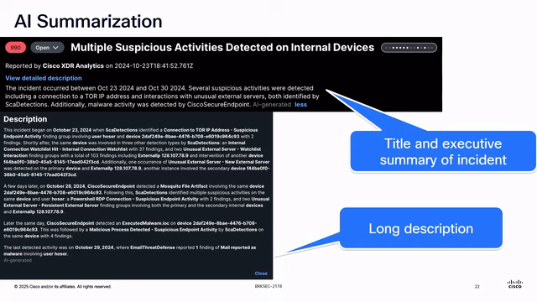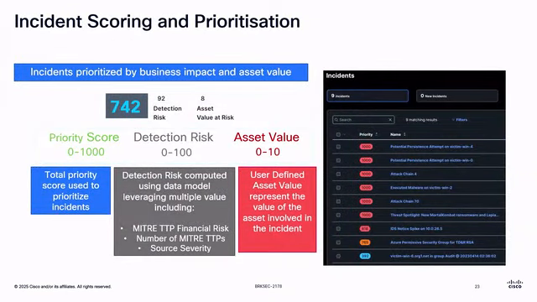It was only about a week. But basically, I'll have an example of this when we get to the demo. But the AI description has a short description or summary description, and then a long description, which is basically walking through all of the incident, all of the components or sightings of the incident as it progressed through time.